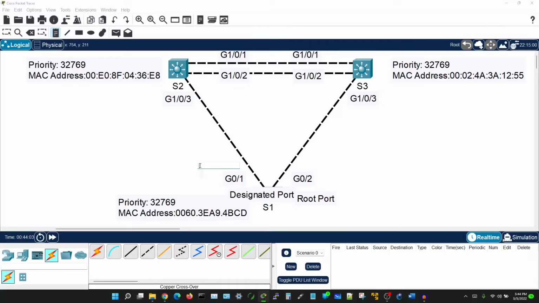All right, let me just block, and block. And then this one should be designated.